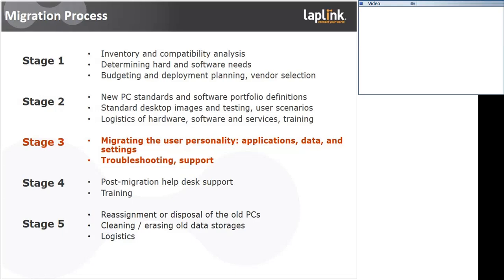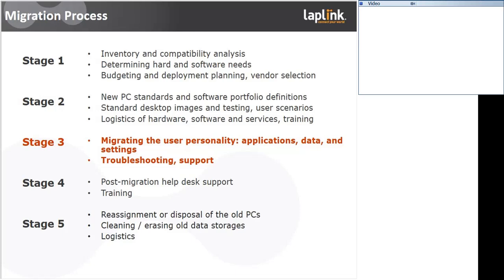When it comes to stage 3, I'm more concerned because I think that this area has been always under-focused in the big research. Companies like Gartner and IDC are talking a little bit about migrating the user personality, meaning the application data and settings, to a new machine, but they underestimate gravely the cost of this migration, and they don't really focus on it.